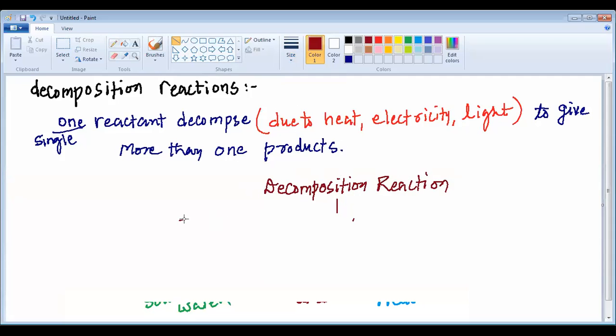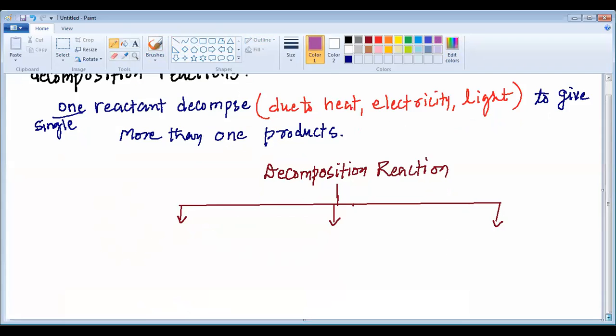Let us see what are those various types. What are these three types of decomposition? Do you remember? First one is known as the thermal decomposition.